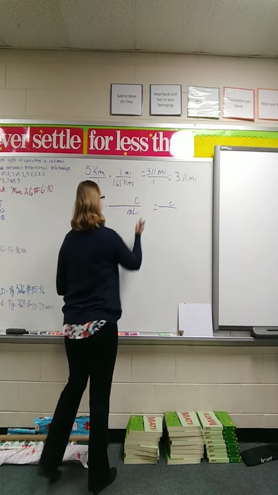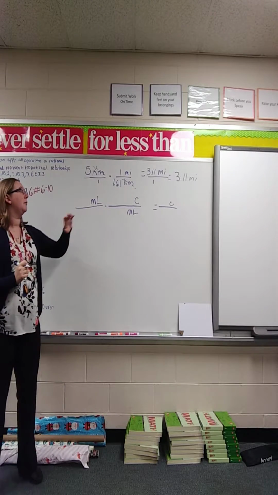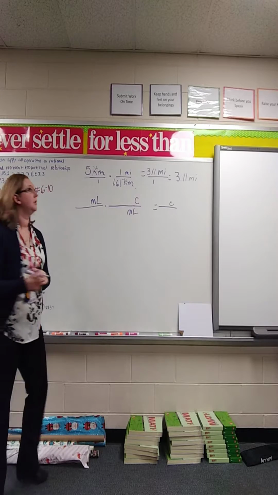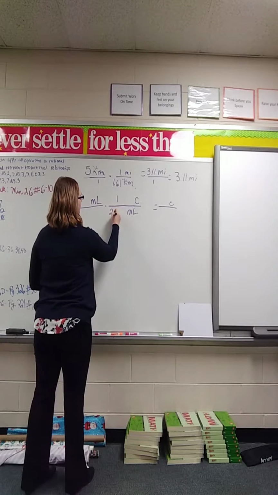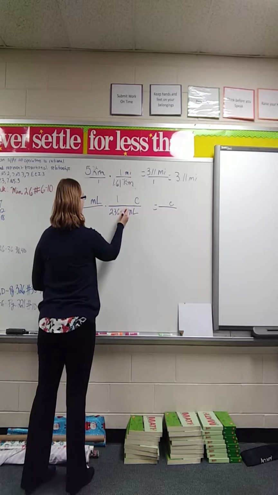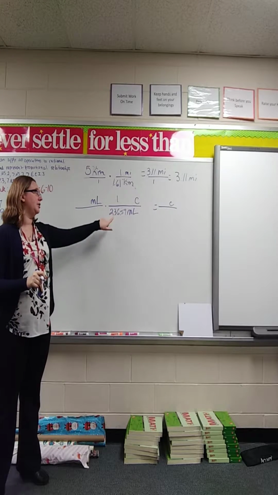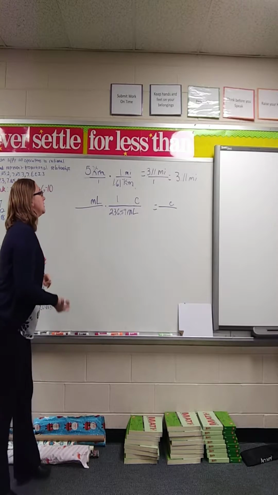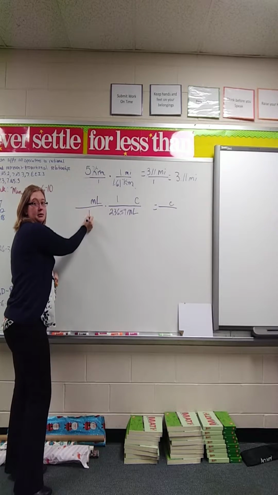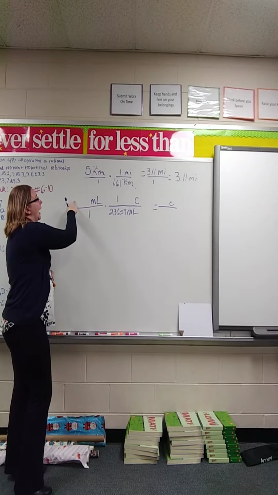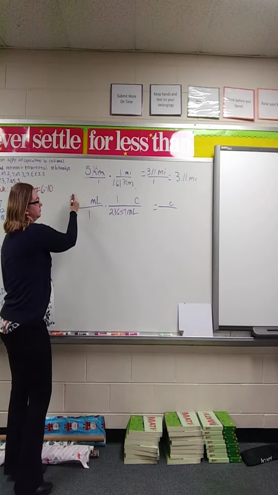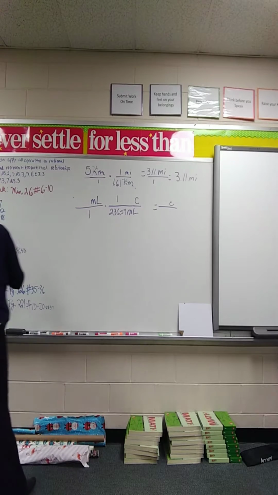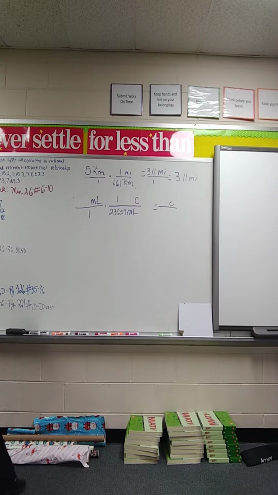What is the conversion between cups and milliliters? 236.59 milliliters. So for every 1 cup, there are 236.59 milliliters. So I know that I have a denominator of 1 here. How many milliliters did I start out with in example 3?